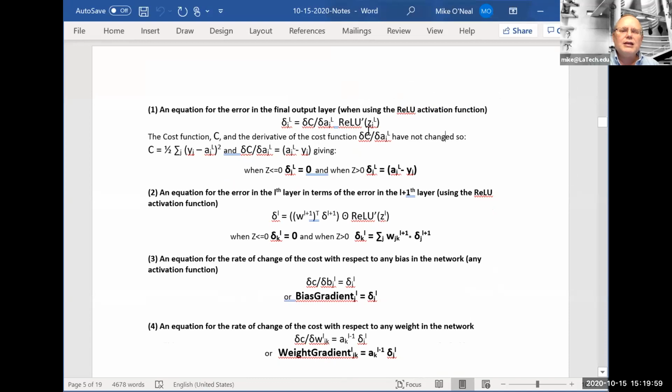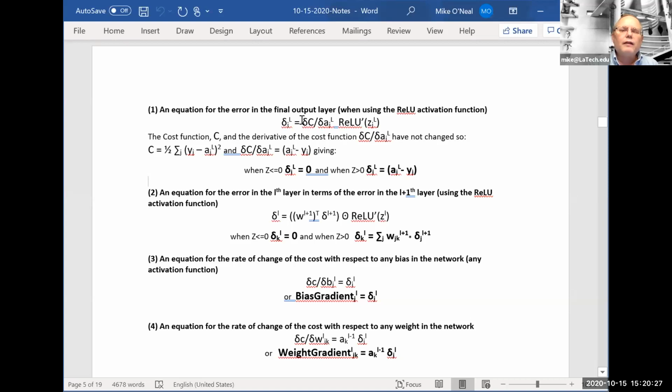Well, when Z is less than or equal to 0, the derivative here is going to be 0, so anything times 0 is going to be 0. So when Z is less than or equal to 0, our bias gradient for node J is going to be 0. When Z is greater than 0, it's simply going to be the output minus the desired output.